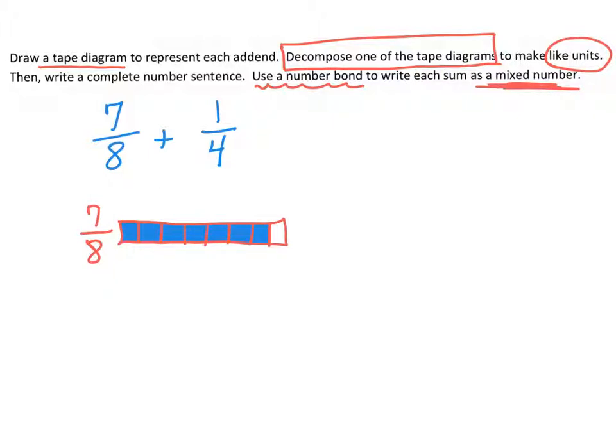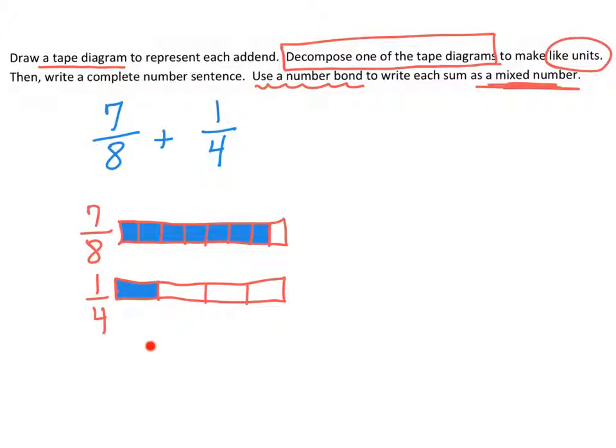And now I have to create a tape diagram for 1/4. And remember, it has to be the same length as our previous one. And we have to break that up into fourths. So there we go. We broke it up into fourths, and 1 is shaded in because it represents 1/4.